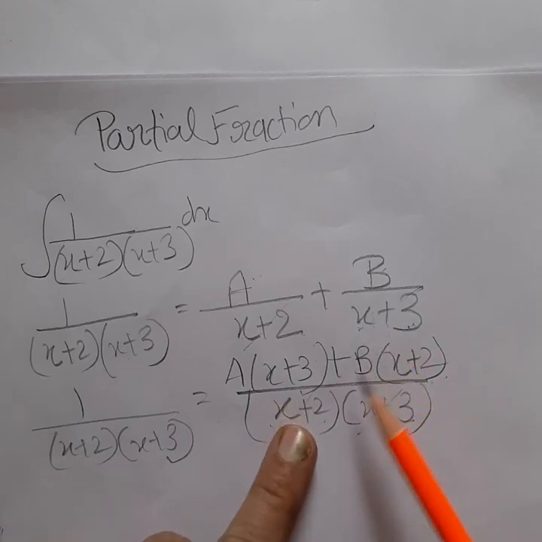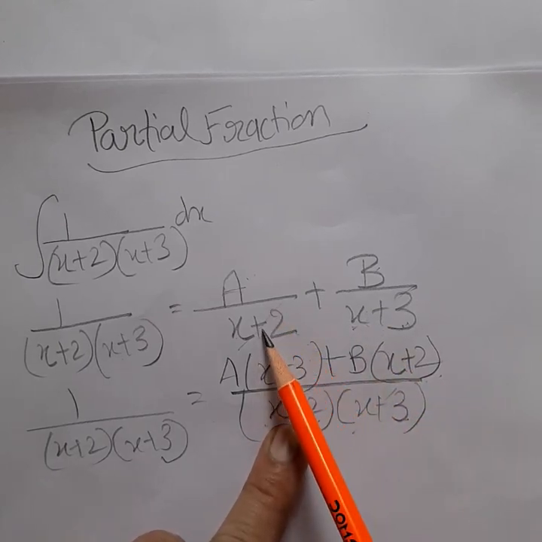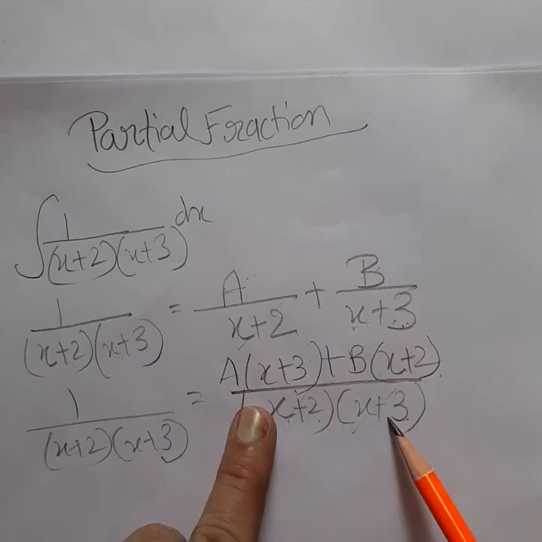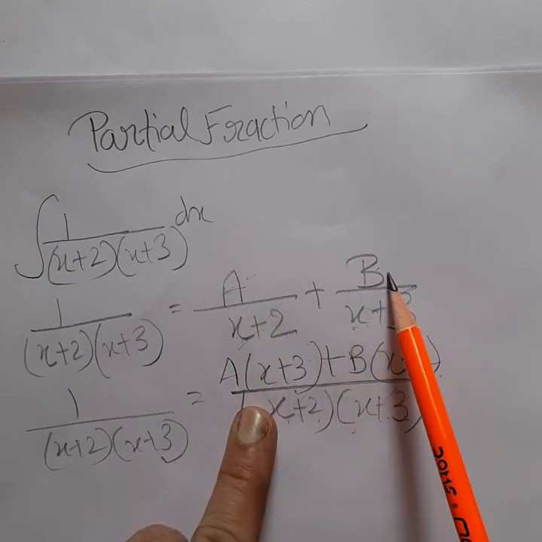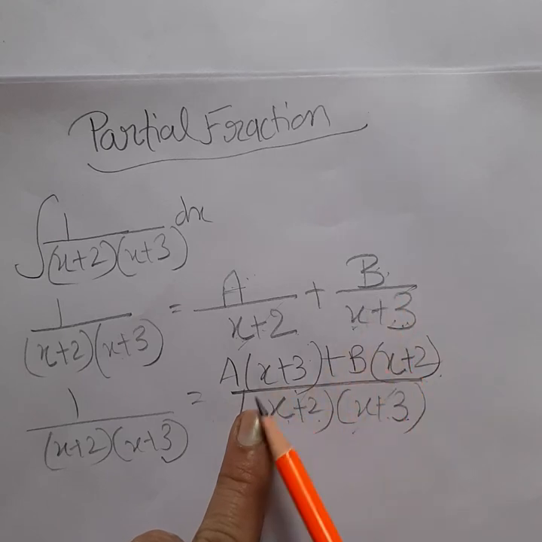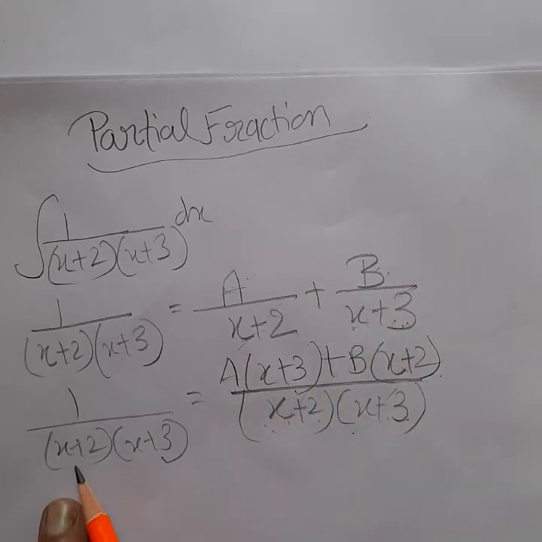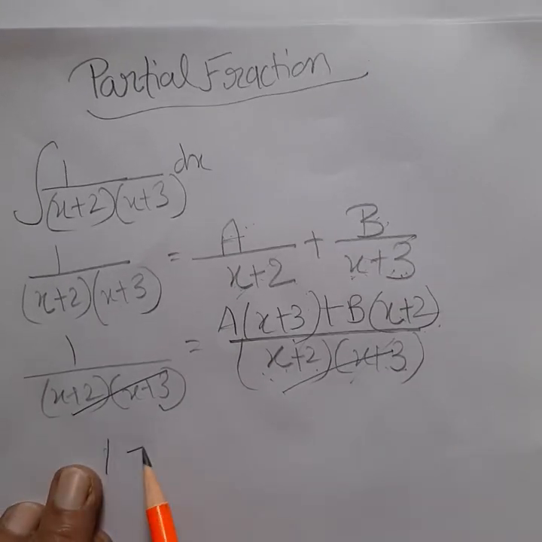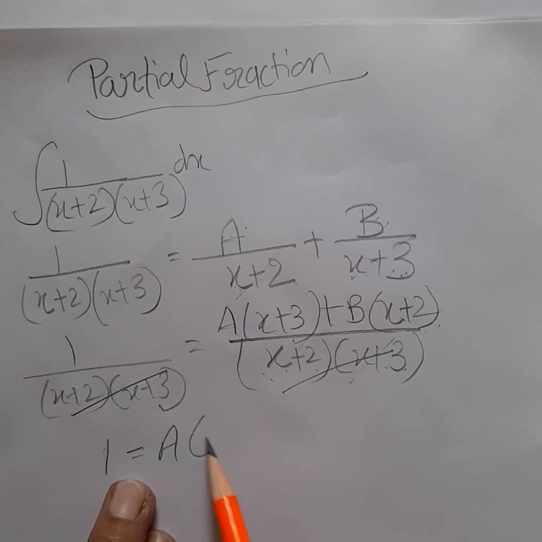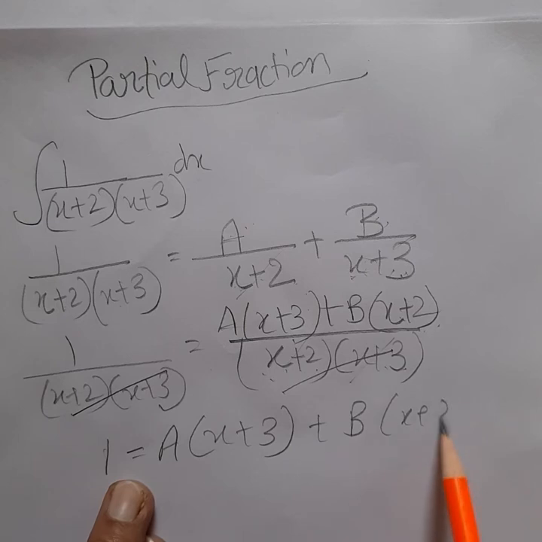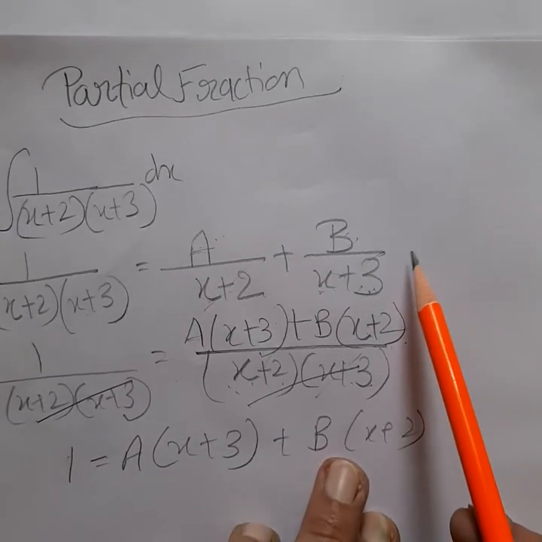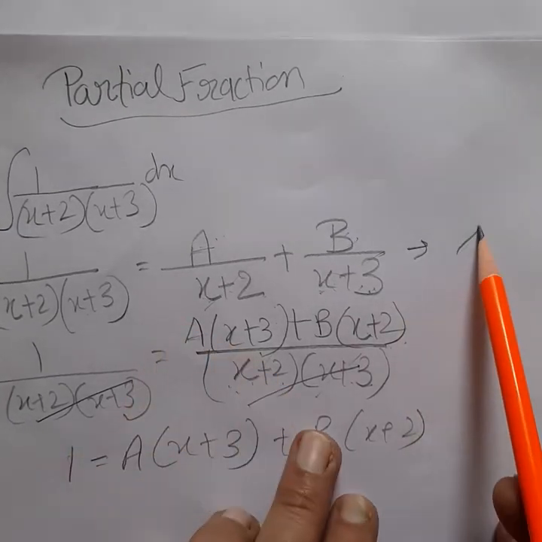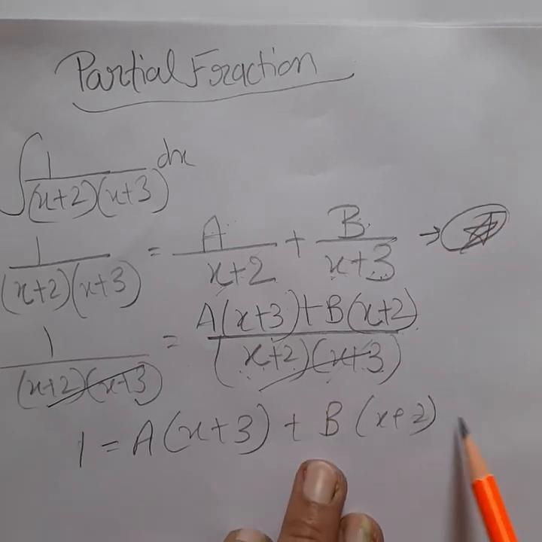Students, by cross multiplying and cancelling the denominator, we are left with 1 equals a(x plus 3) plus b(x plus 2). We call the first equation star, and this equation the double star equation.